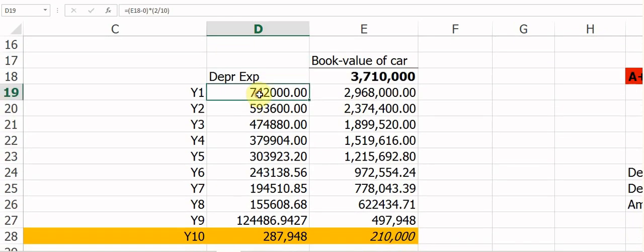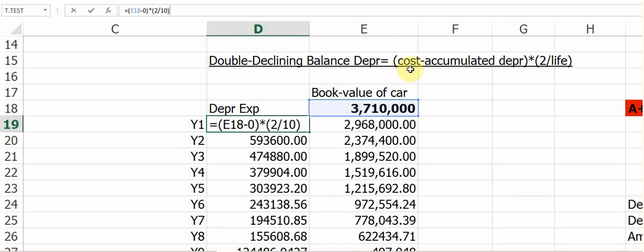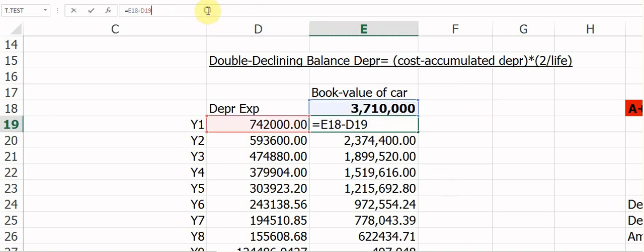So here's my formula. For year 1, my depreciation expense is my cost, 3.71. The first year, my accumulated depreciation is 0. We have nothing to minus. So it's minus 0, and then times 2 divided by 10. So my depreciation expense will be $742,000. I'll go ahead and minus that from the book value.